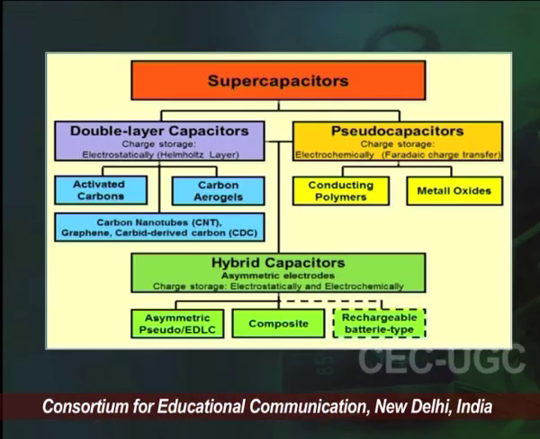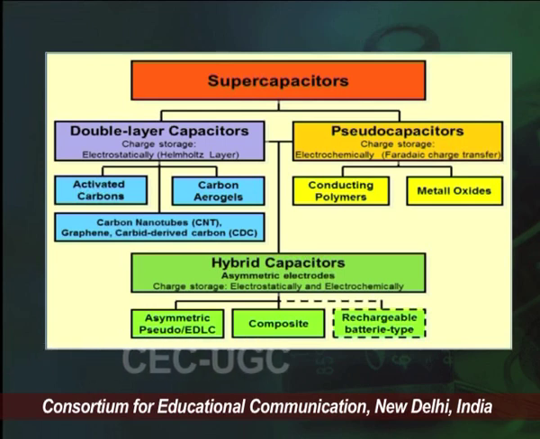One is the double layer capacitor, second is the pseudo capacitor, and third is the hybrid capacitor. The double layer capacitor uses activated carbon and carbon soot in the preparation, while the pseudo capacitor uses conducting polymers and metal oxide.